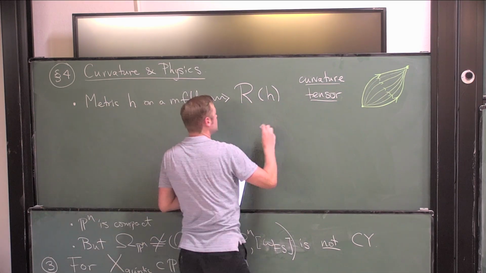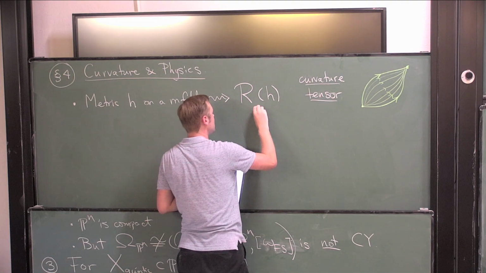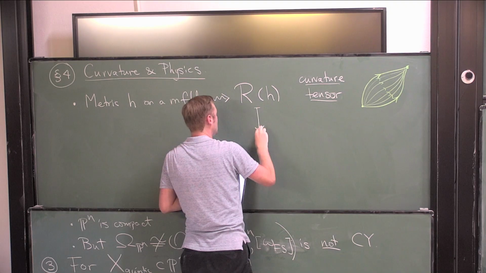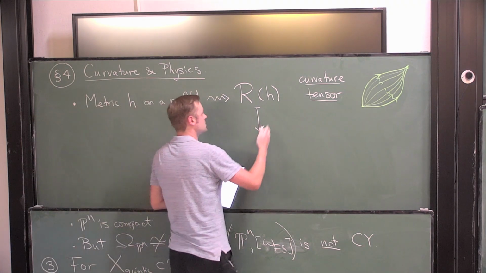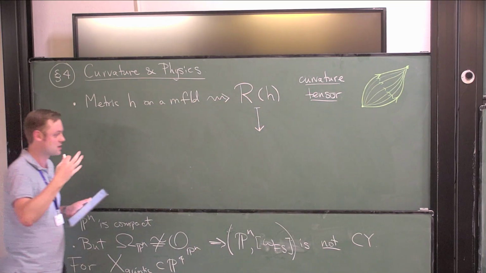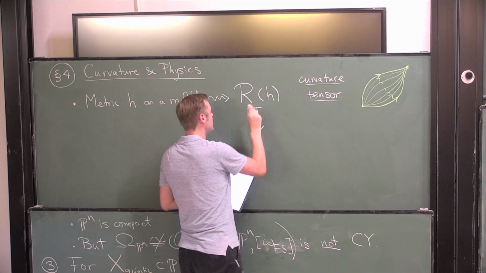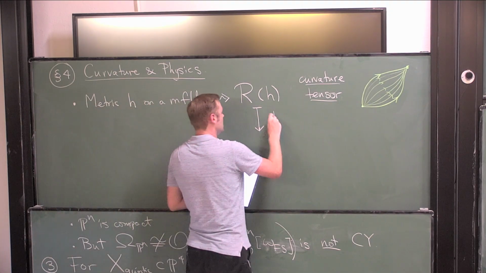This is a big tensor called the Riemann curvature tensor, or by other names. You could think of a tensor as a really humongous matrix. One thing you can do with a matrix to simplify it is to take a trace.